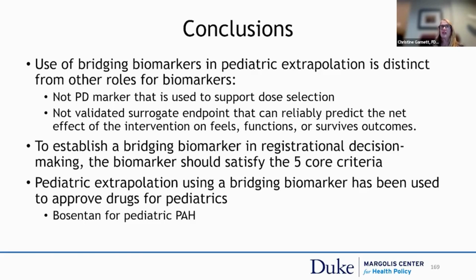We also have used the pediatric extrapolation with another biomarker for approving Entresto for pediatric heart failure. And we did that using the bridging biomarker NT-proBNP. So we are using this type of bridging biomarker in pediatric extrapolation at the FDA to approve drugs for pediatrics.